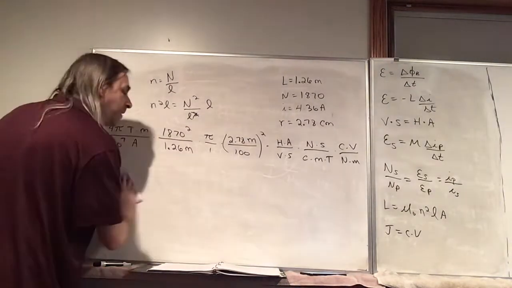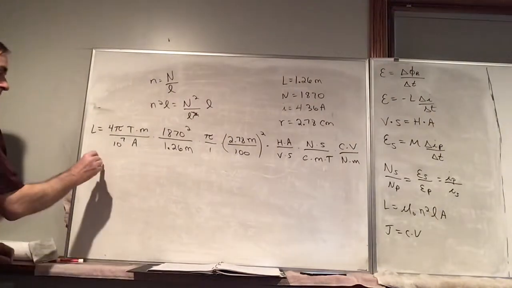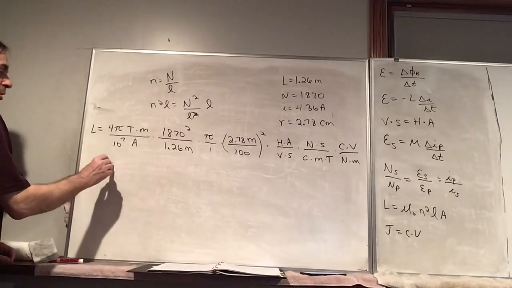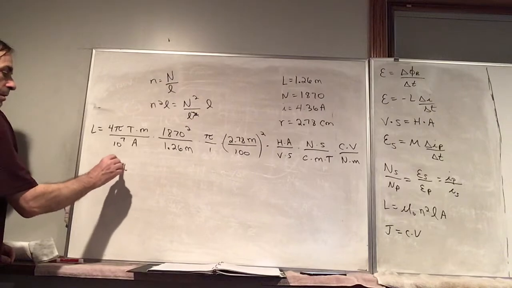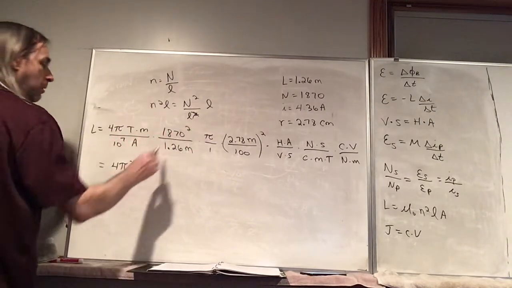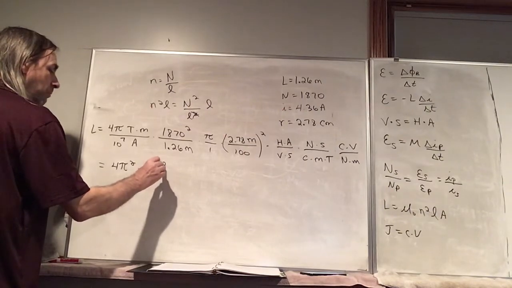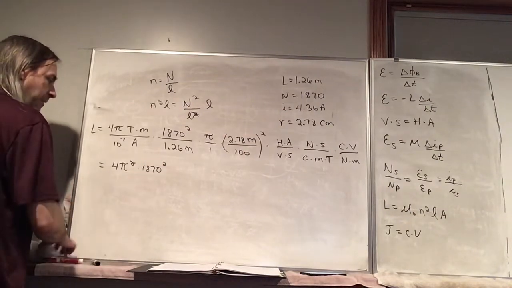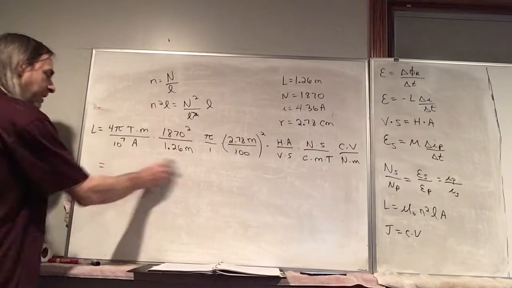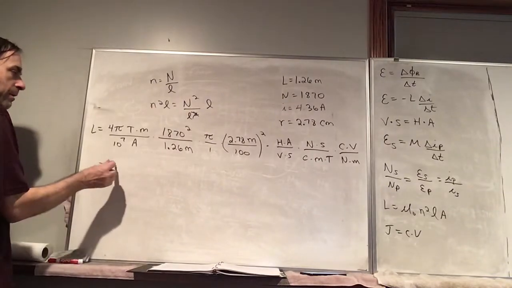So let's collect all the numbers now. So we have 4 pi squared times 1870 squared. I'm actually going to write it like this, just thinking of how we'll do this in the calculator.